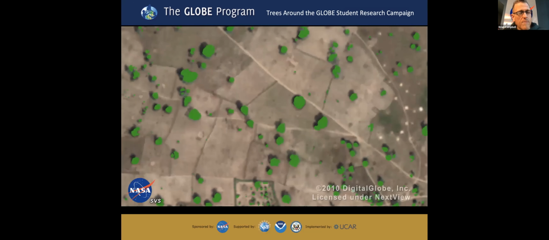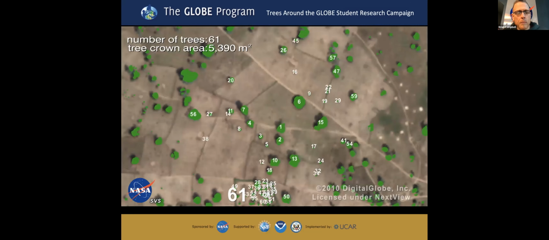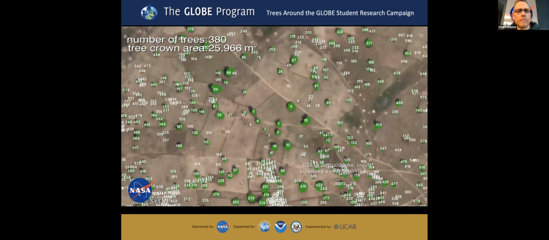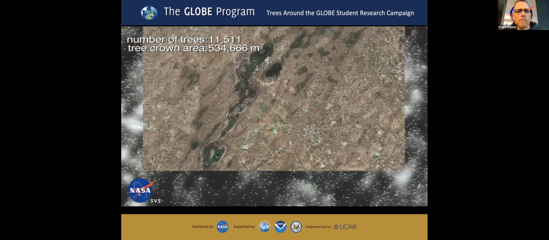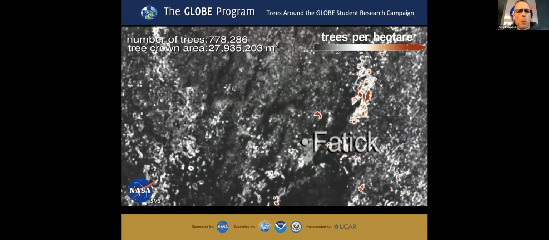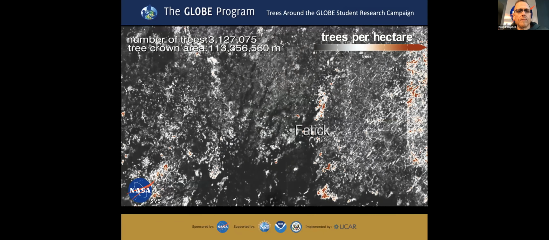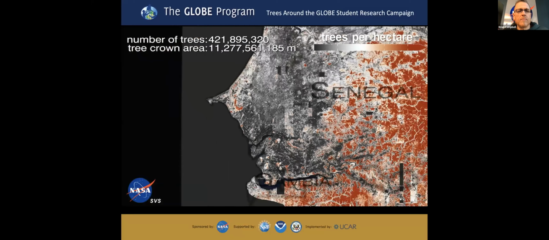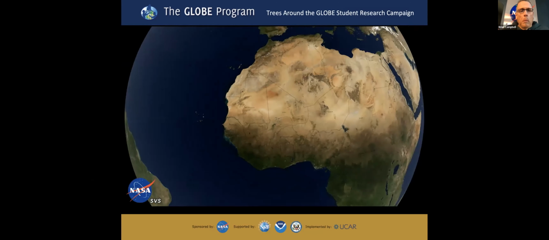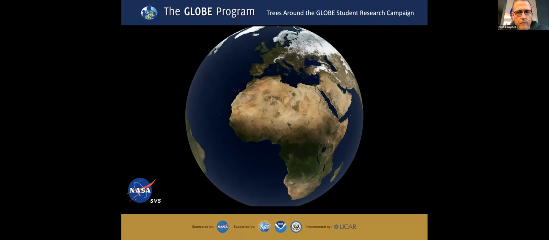Using powerful supercomputers and machine learning algorithms, the team mapped the crown size, which is the width of a tree when viewed from above, of more than 1.8 billion trees across an area of more than 500,000 square miles. This study is the first in a series whose goal is not only to map non-forest trees across a wide area, but also to calculate how much carbon they store, vital information for understanding the carbon cycle and how it's changing over time.